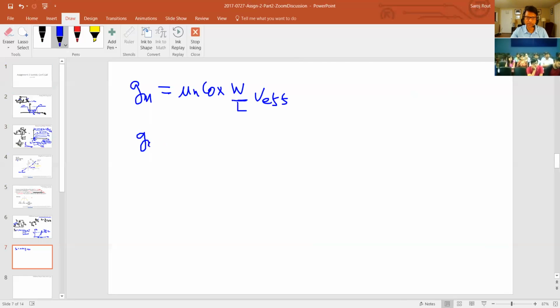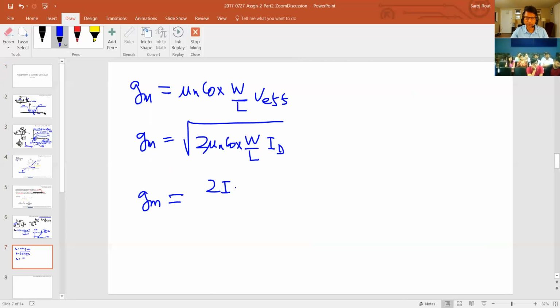And then the second expression was gm = √(2 μn Cox (W/L) ID). And then the third expression, which is probably the one which is most important when you're starting to design, is gm = 2ID / V_effective.